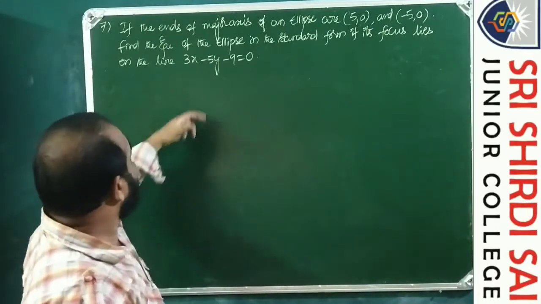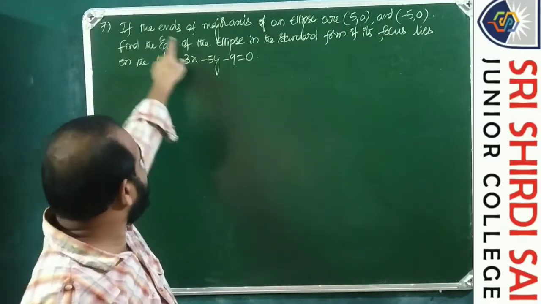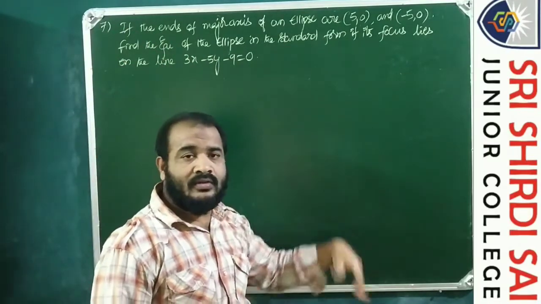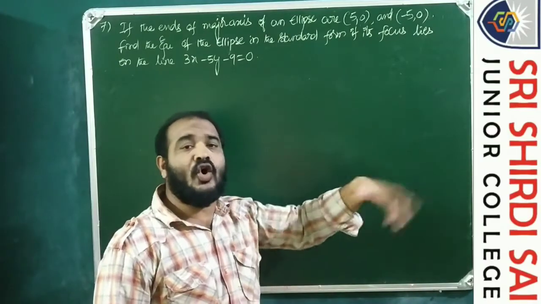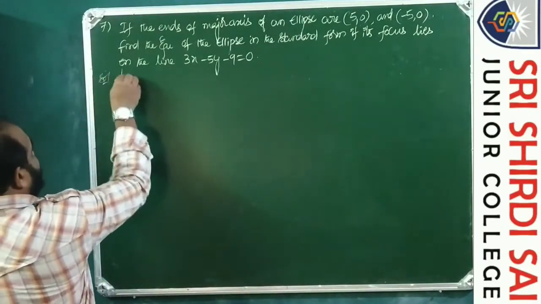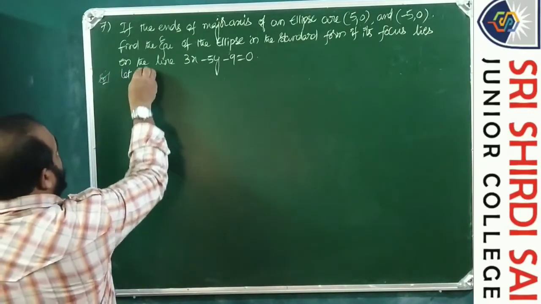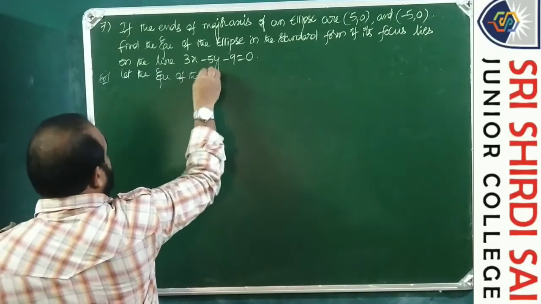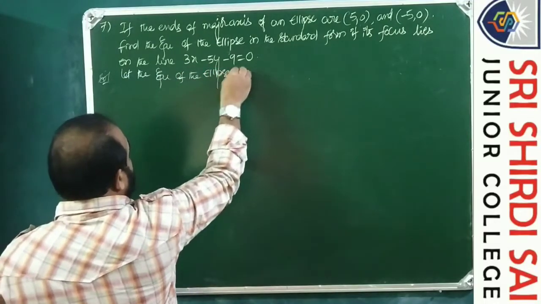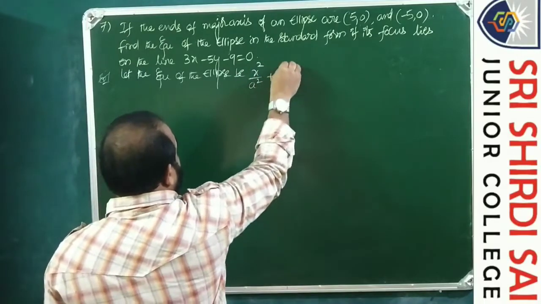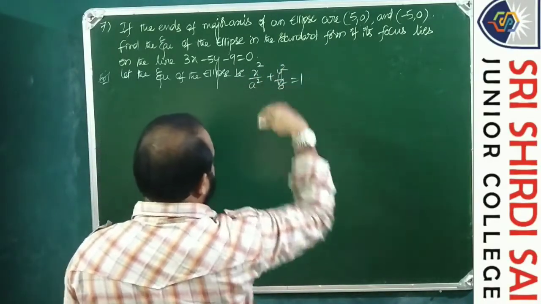And since he is asking the equation of the ellipse in its standard form, the center is obviously at the origin. Let the equation of the ellipse be x square by a square plus y square by b square equals 1.